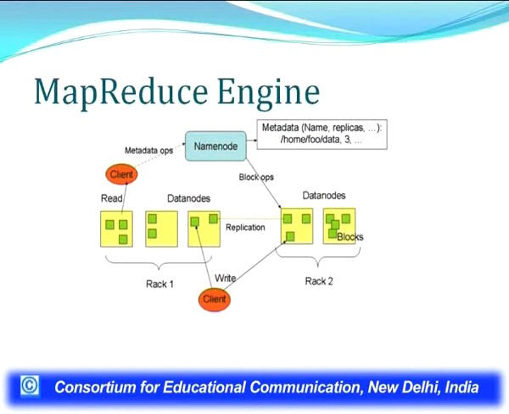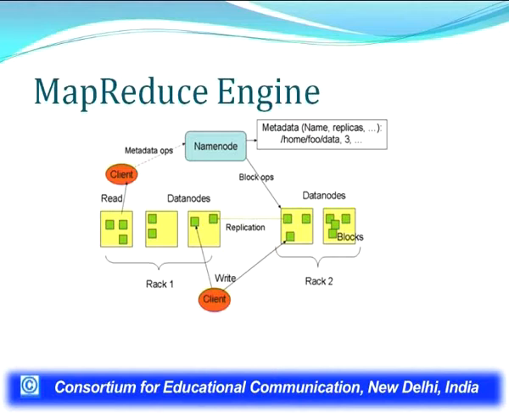Now, here you can see the MapReduce engine in a different way: the name node, which holds the metadata, name, replica, home, food, etc. You can define the meta ops, the client read, and the data nodes.